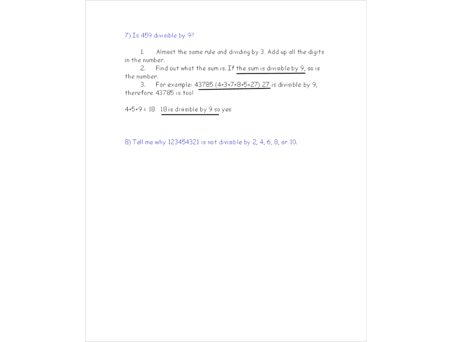Okay, now remember, it's got to be an even number to be divisible by 2. So since it's an odd number, it won't be divisible by 2, right? And if it's not divisible by 2, it can't be divisible by 4, 6, 8, or 10. Okay, does that make sense?